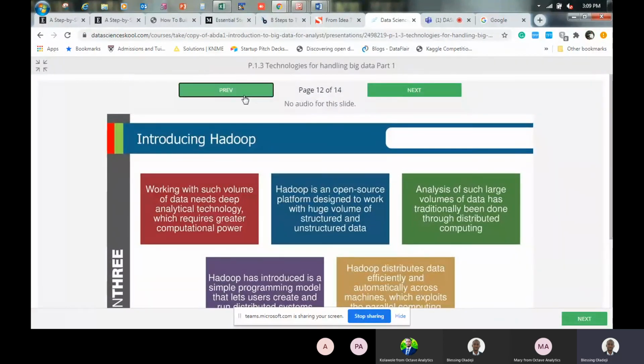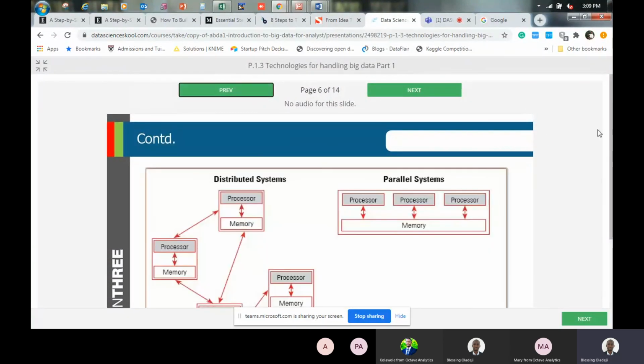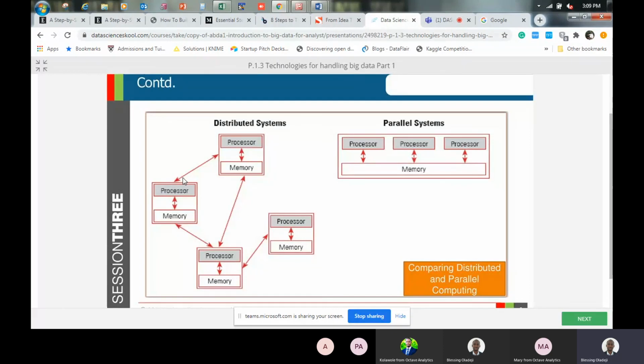So let me go back to this diagram and use it to explain again. Look at this. Here, this is a distributed network of computers, for instance. What if I now have a software that runs on this computer, this computer, this computer, and this computer in a coordinated way, in such a way that if I have a job that needs to be done by all of these computers, it is that software that manages the execution of that job, the partition of the job among the different computers, and the combination of the results back into a single result?